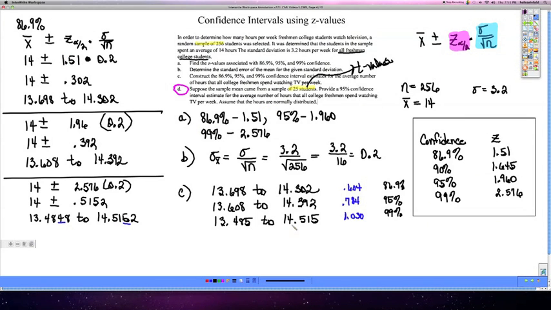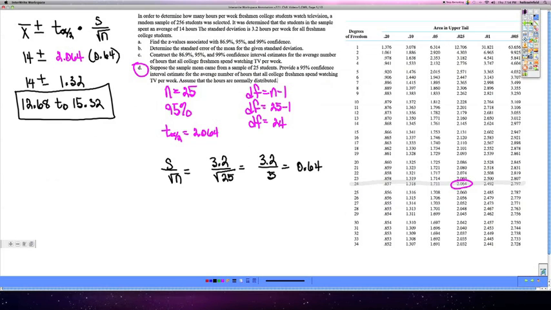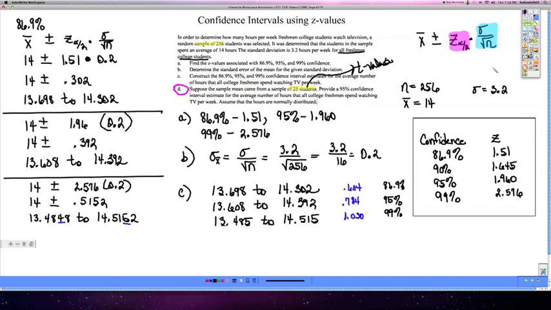I was simply looking at our previous confidence intervals to see how they compare. But it's actually, we would be comparing it to this one since this was a 95% confidence interval as well. And we can see that the one with the sample of 25 gave us 12.68 to 15.32, something like that.